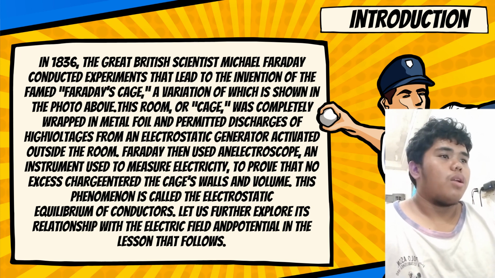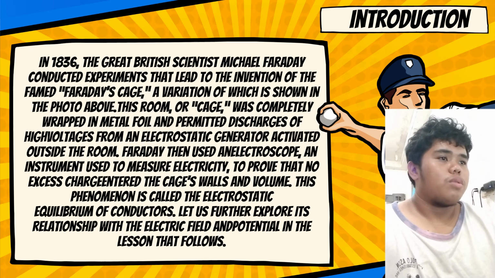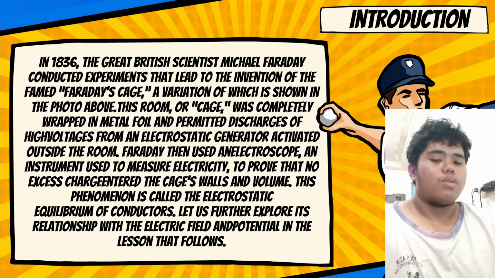Faraday then used an electroscope, an instrument used to measure electricity, to prove that no excess charge entered the cage's walls and volume. This phenomenon is called the electrostatic equilibrium of conductors. Let us further explore its relationship with the electric field and potential in the lesson that follows.